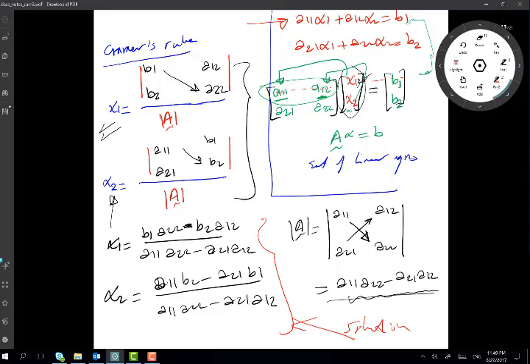So if the determinant of A is 0 and the values inside b are 0, then I can just take one equation, assume any value for x2 and get x1, as the second equation doesn't give me more information. So we say there is an infinite number of solutions, but provided that both the determinant of A and the right hand side vector are zeros.